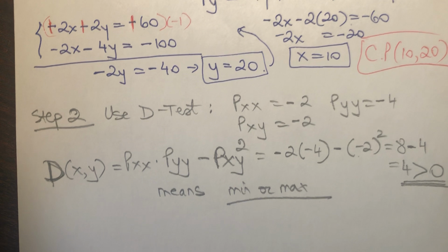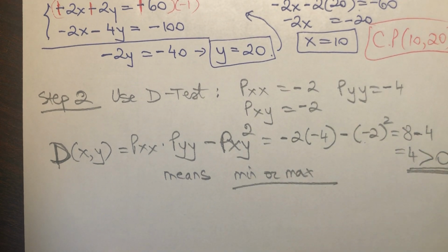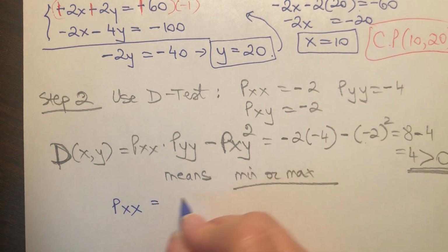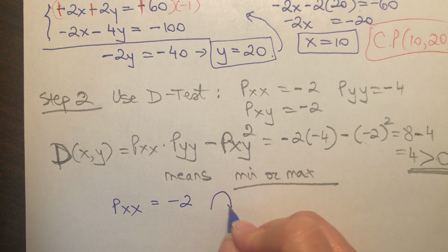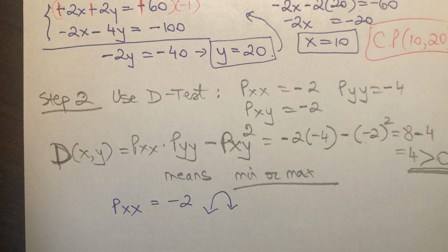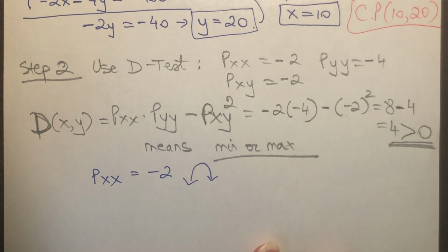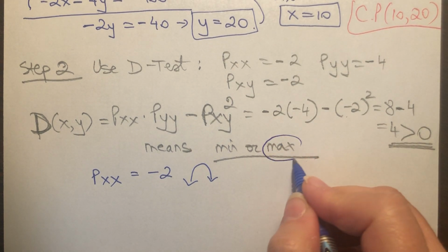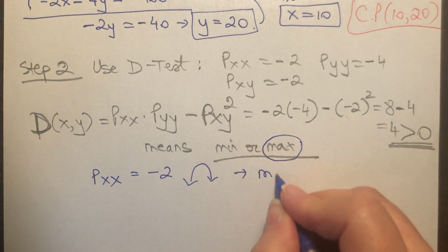How do I decide which one it is? I have to look at pxx. Remember, my function's called p and not f. Okay. Pxx is a -2. So same as in chapter 2, a negative value is a sad face. So a sad face means that we have a maximum.